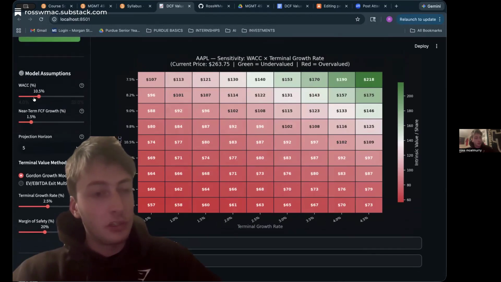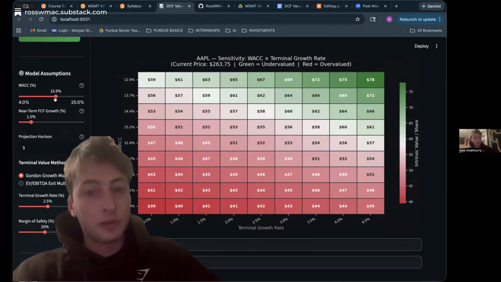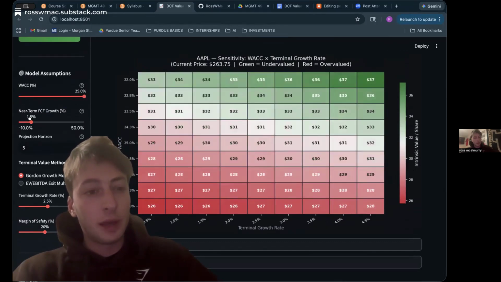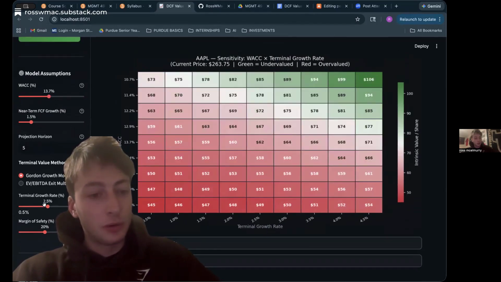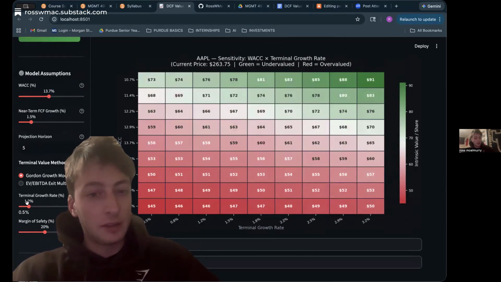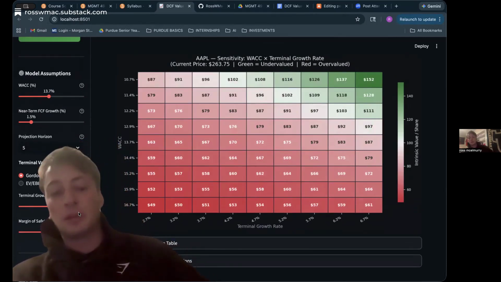Once again, when we change things like the weighted average cost of capital, we're going to see a little bit more green come in. Maybe a lot more green if we do that. Or if we change the terminal growth rate, maybe decrease that, a little more green, and once again, or increase it by a lot, maybe a little more red.